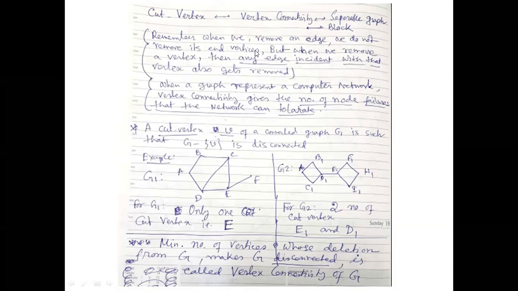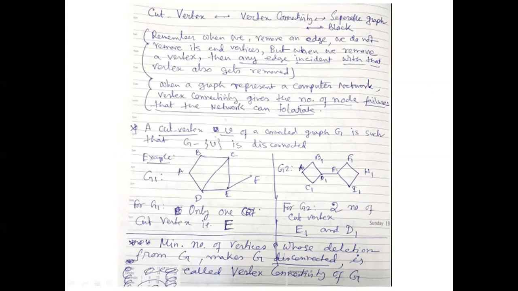Let us think about the situation. If we try to remove an edge, we never remove its end vertices. But when we try to remove a vertex, then think about the situation. Any edge incident on that vertex is automatically removed.